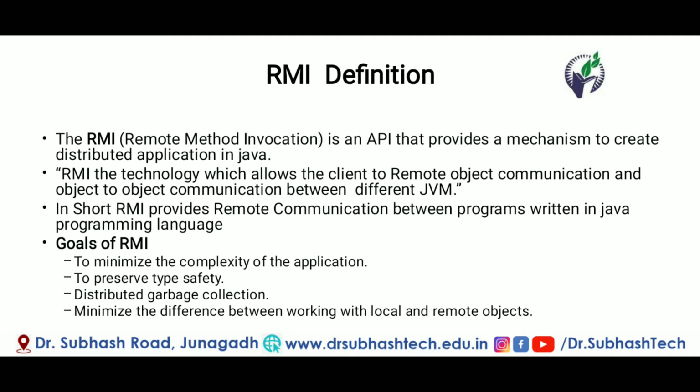RMI is the technology which allows client to remote object communication and object to object communication between different JVMs. So it is a technology used to communicate when your client PC or any object is remotely specified in your network environment.